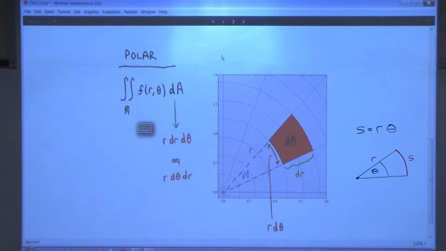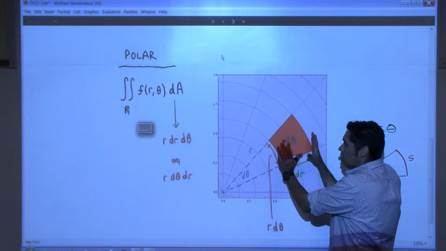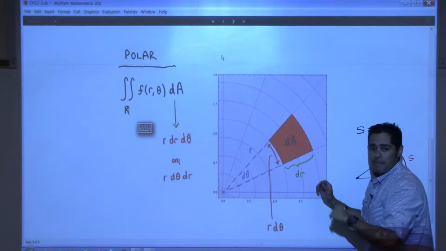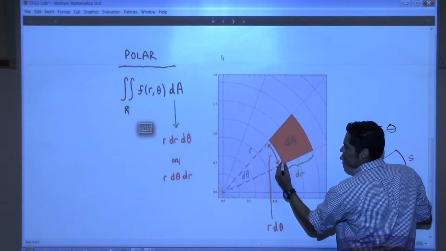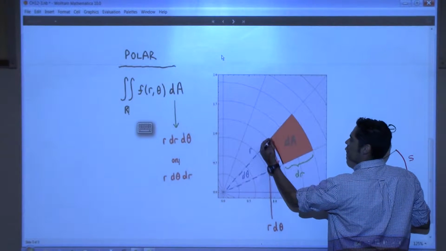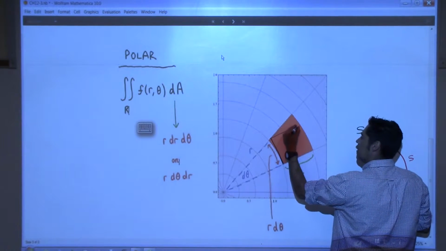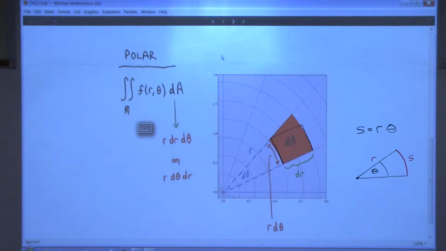Okay, so with that knowledge, if we're trying to take an infinitesimally small little polar rectangle, we need to know its area, then do you agree that it would be approximately the area of that rectangle? Do you see that?